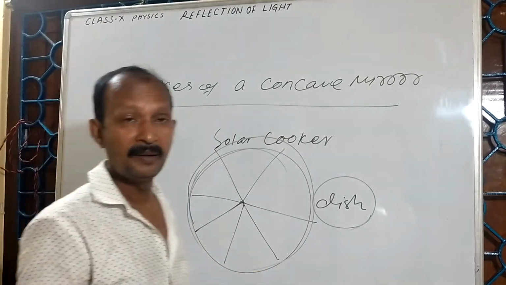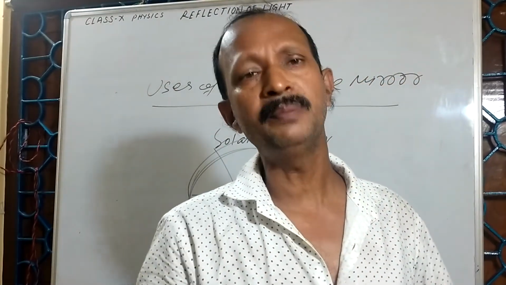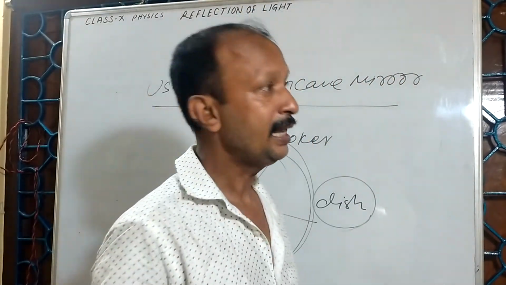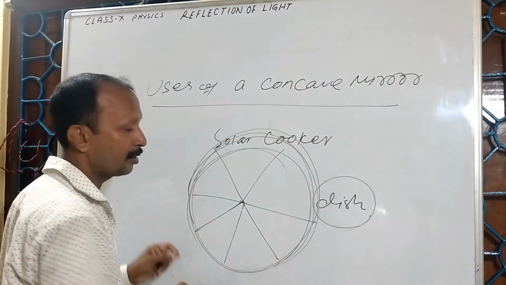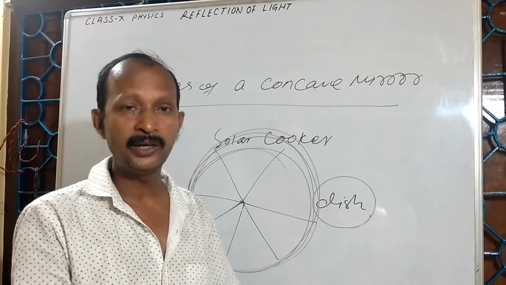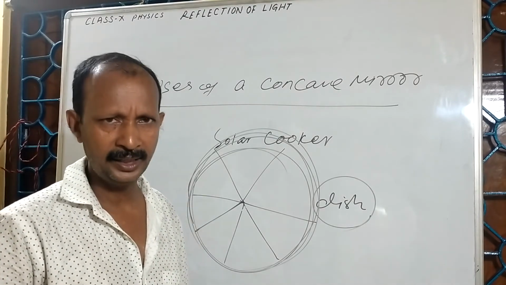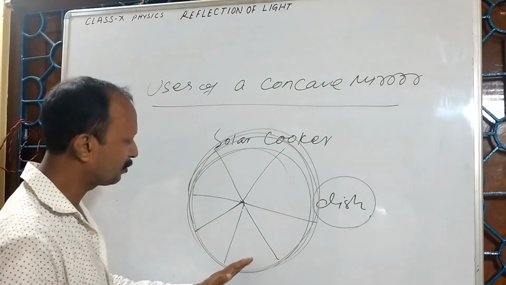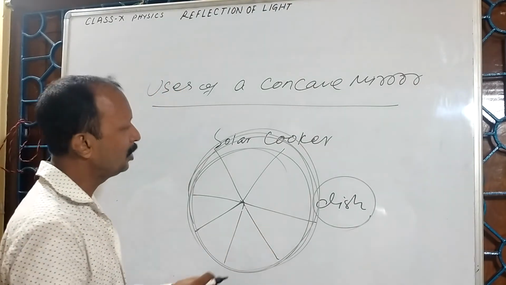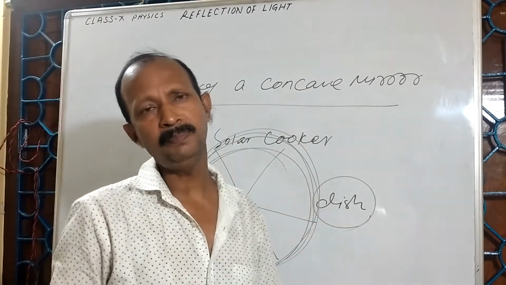That means with the help of plane mirror, we can prepare a concave mirror. I want to say that. Now it will be converted into a concave mirror, because a concave mirror is not easily available. It is available, but not at hand. So by cutting the plane mirror in the form of triangles, we can arrange a concave mirror.